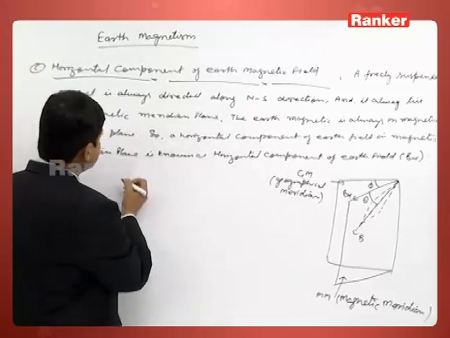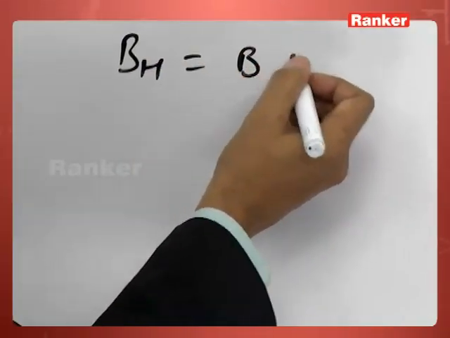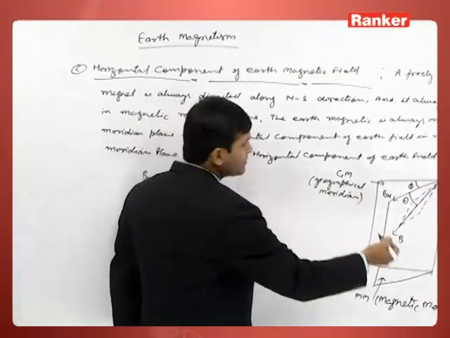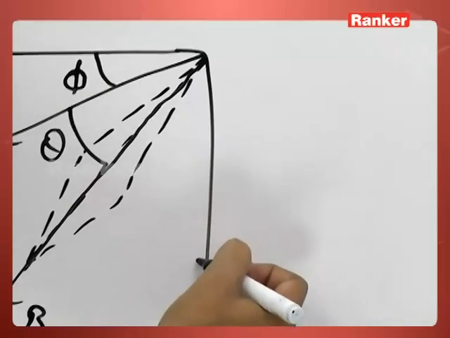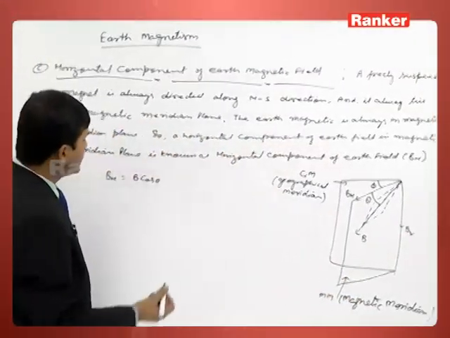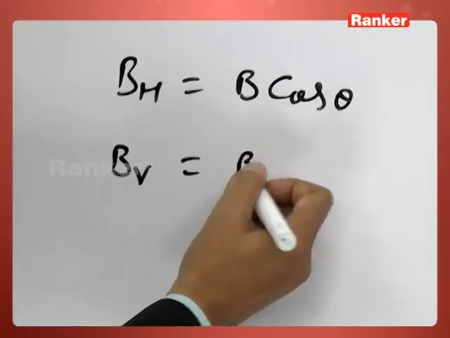So BH is B cos theta, and similarly on that side, BV is the vertical component of Earth's field.